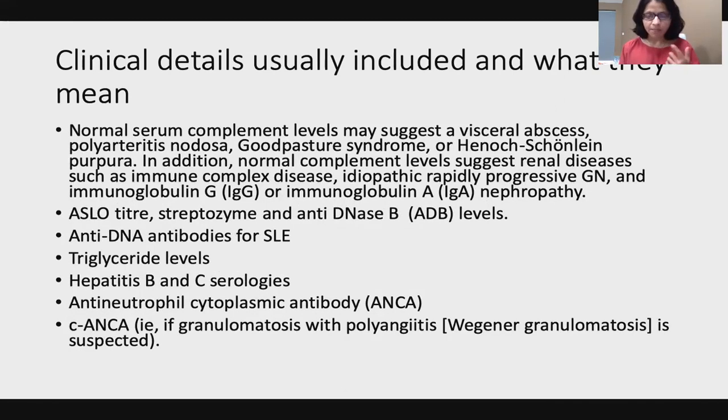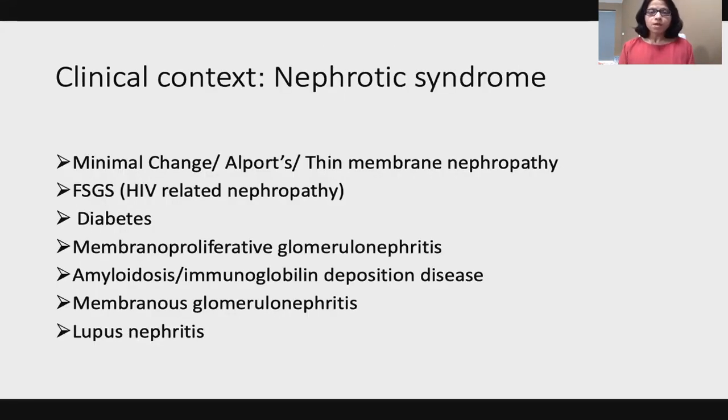Then you start thinking, is it post-infective? Certain hepatitis B, hepatitis C serological factors, and I also mentioned already C-ANCA, P-ANCA levels may be given to you. Now, after all these clinical details are given to you, you start putting the patient into certain clinical pigeonholes.